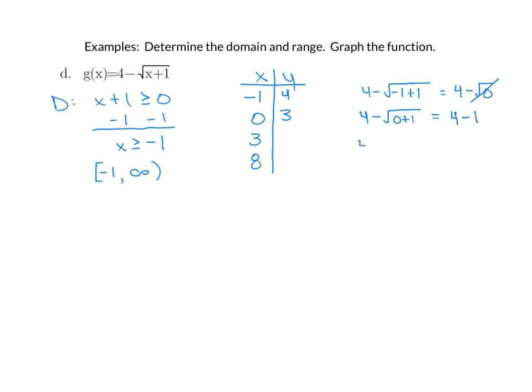Alright, if we plug in 3, we get 4 minus the square root of 3 plus 1. 3 plus 1 is 4, and the square root of 4 is 2. And I messed that up.